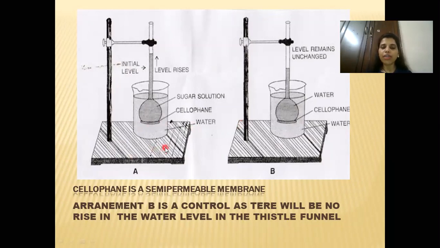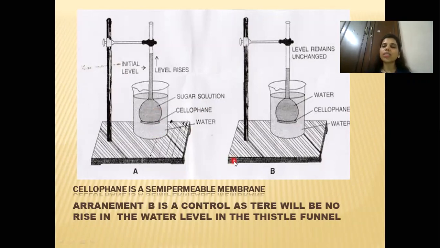Now you can see that arrangement B and arrangement A have a difference. Inside the thistle funnel in arrangement B it is water, and outside also it is water. So that means it is an isotonic solution. But in arrangement A, the thistle funnel has a sugar solution inside, and outside it has water.